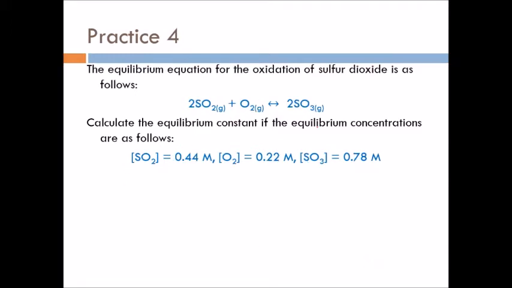Another example here, different reaction. We have sulfur dioxide plus oxygen giving us sulfur trioxide here. Once again, spend a moment to write out your expression. Raise to the second power, here's our product. Okay, got that down. First reactant, raised to the second power, and then our second reactant is oxygen here. Then you just plug in the numbers.